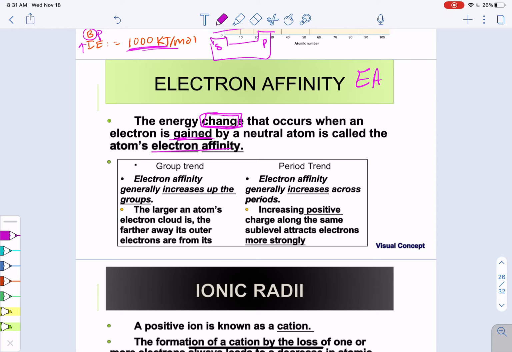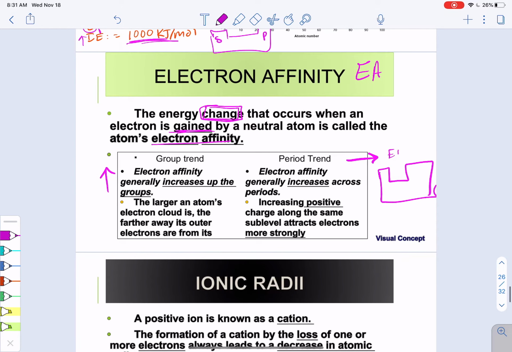So the group trend for this is that the electron affinity will increase as you go up and as you go across. If you were looking at a periodic table, EA, electron affinity, will increase to the top right. The larger an atom's electron cloud is, the further away its outer electrons are from its nucleus. So the electron affinity is going to increase as it goes up.